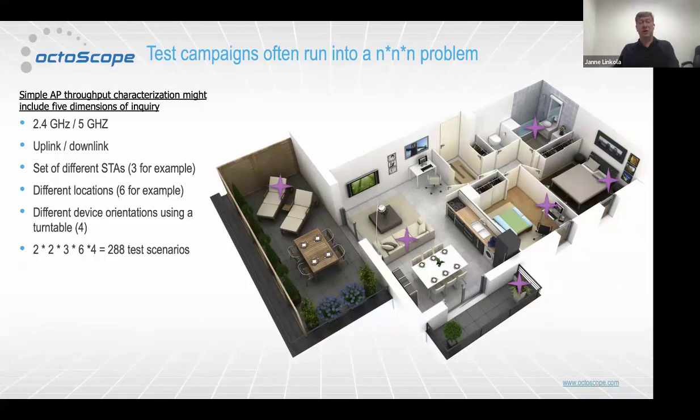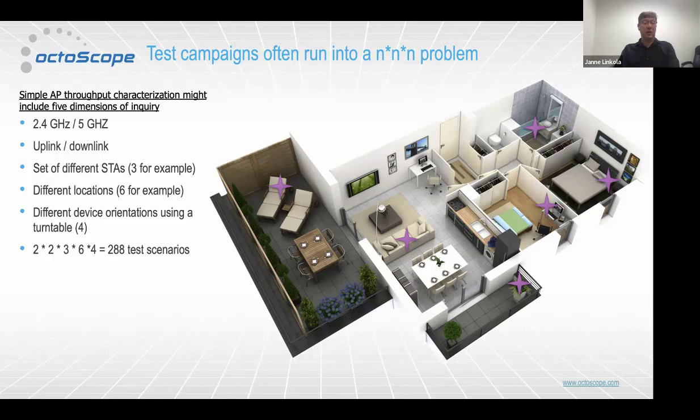Maybe we're interested in a joint performance of all of these devices mixed in. Certainly, we're interested in distance and different locations in a home. How does it perform when the station is close by, a little bit further away, kind of in the far end corner. And to rule out any orientation issues, we might be interested in a few turntable positions.